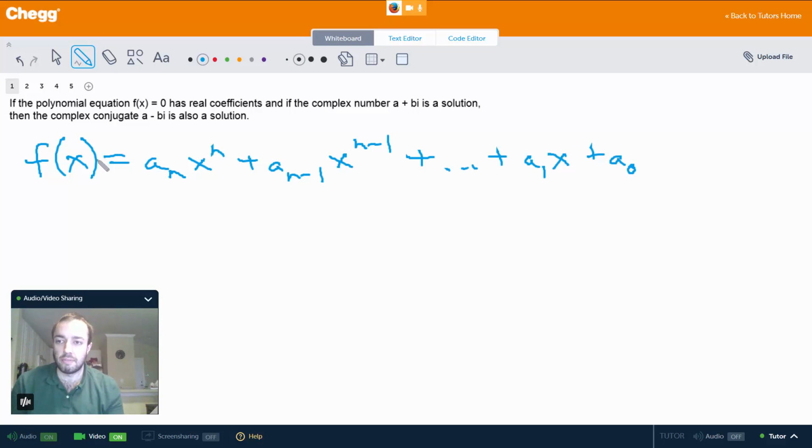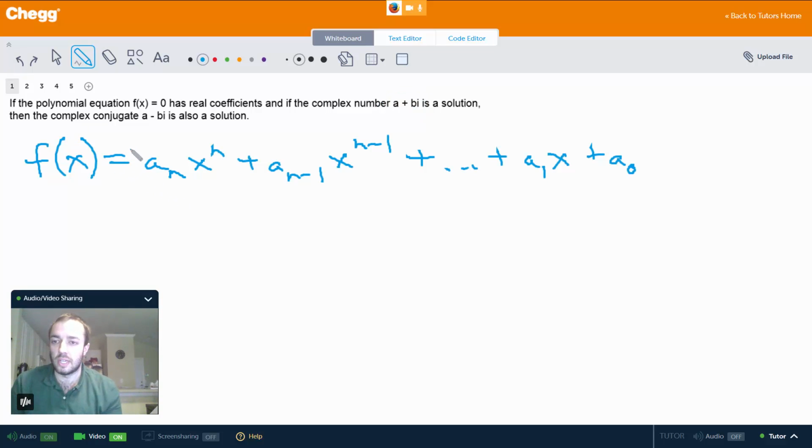So here we have f of x written as an nth degree polynomial, okay? And if we set f of x equal to 0 and solve, then we have this complex number a plus bi that's a solution. And what this fact says is that if we know we have a plus bi as a solution, then a minus bi must also be a solution. So why is that true?